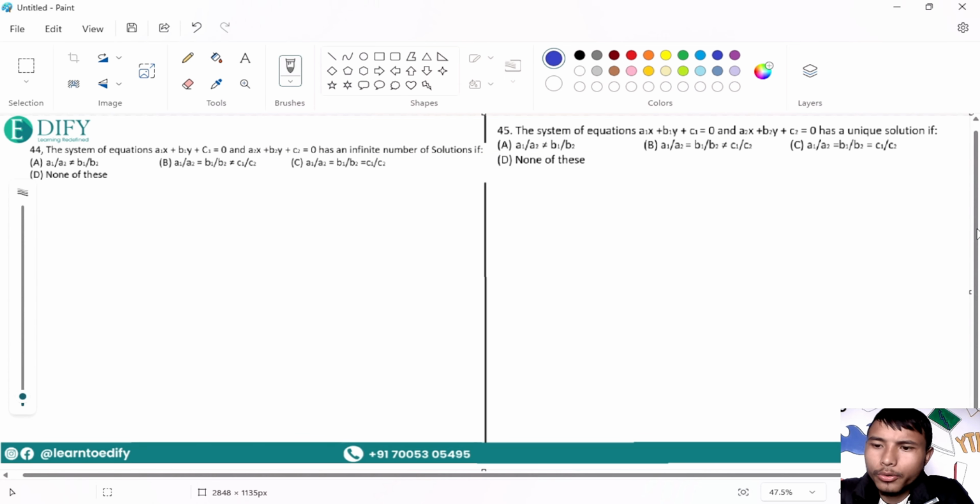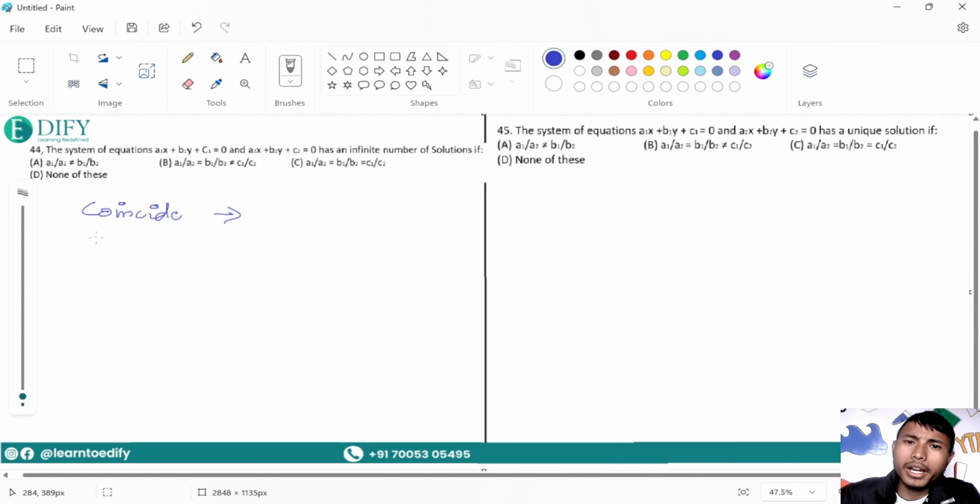The system of equations a1x plus b1y plus c1 is equal to 0 and a2x plus b2y plus c2 is equal to 0 has an infinite number of solutions if they coincide.